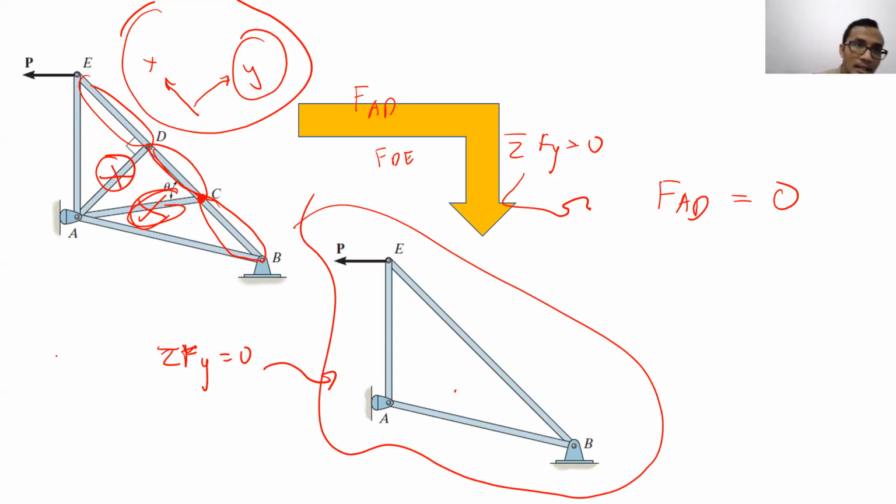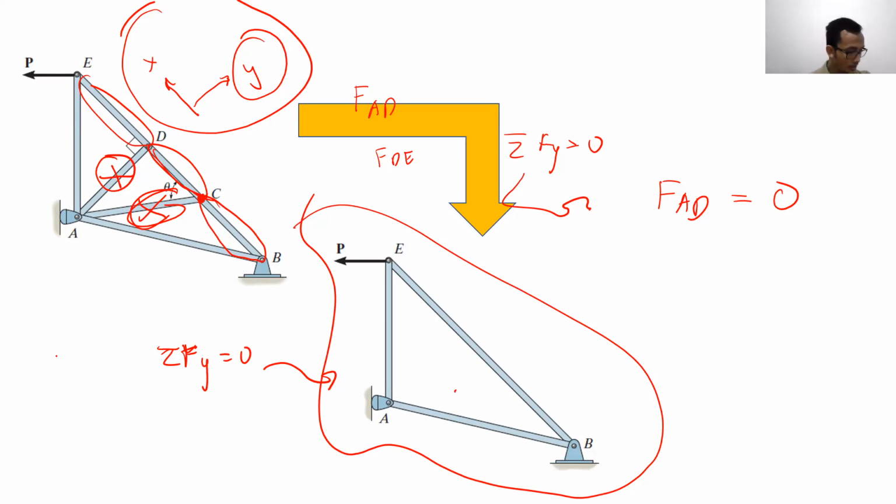The example is, as you can see here, because members DE and BGC are collinear members, and there is no external load at joint D, in this case member AD will become a zero force member. The same, members CD and CB are two collinear members, and there is no external load at joint C, so member AC will become a zero force member.